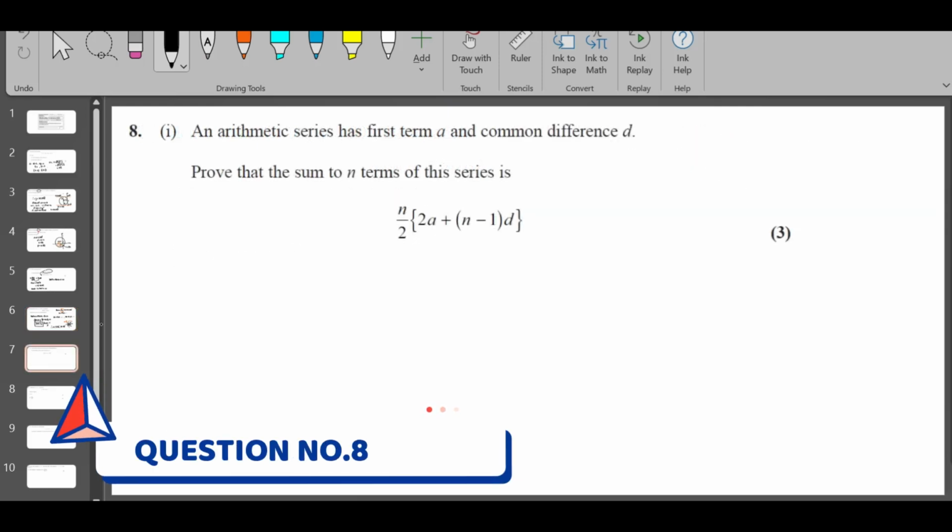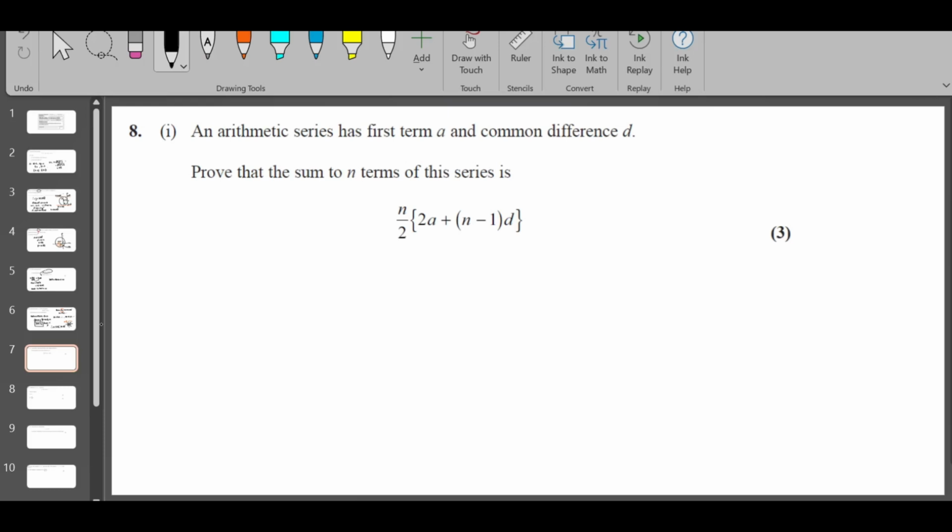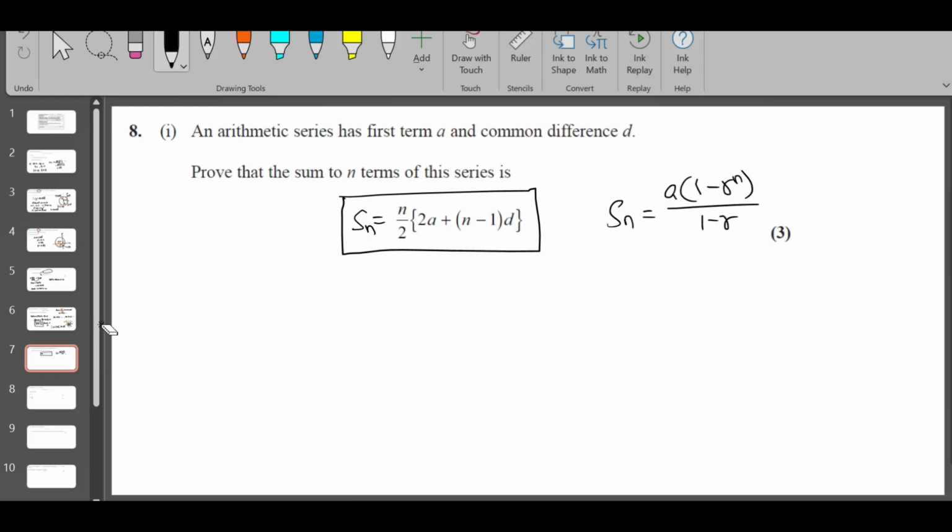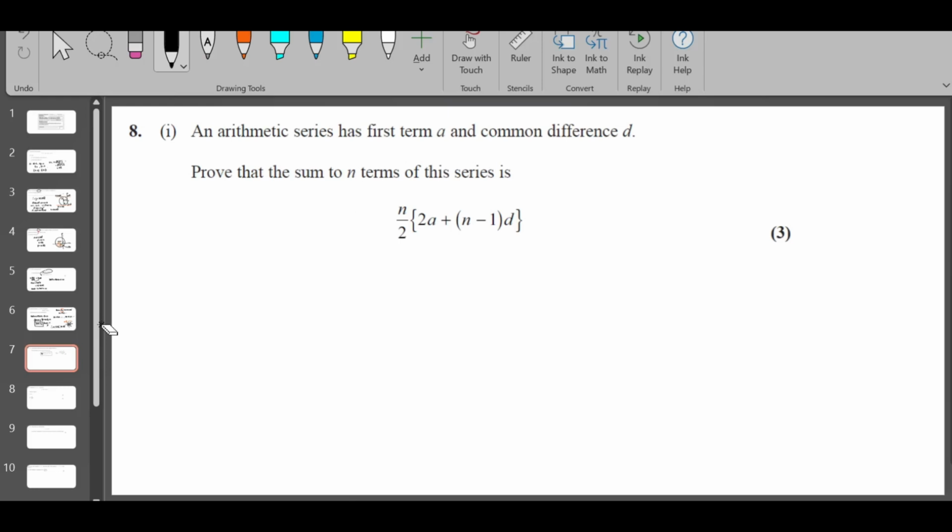Question number 8. An arithmetic series has first term a, common difference d. Prove this formula. This is a formula for the sum of n terms which is given in the data booklet. They will ask you to derive the formula. They might ask you to derive the formula for the geometric series also. Okay, so what you need to do first, write Sn.